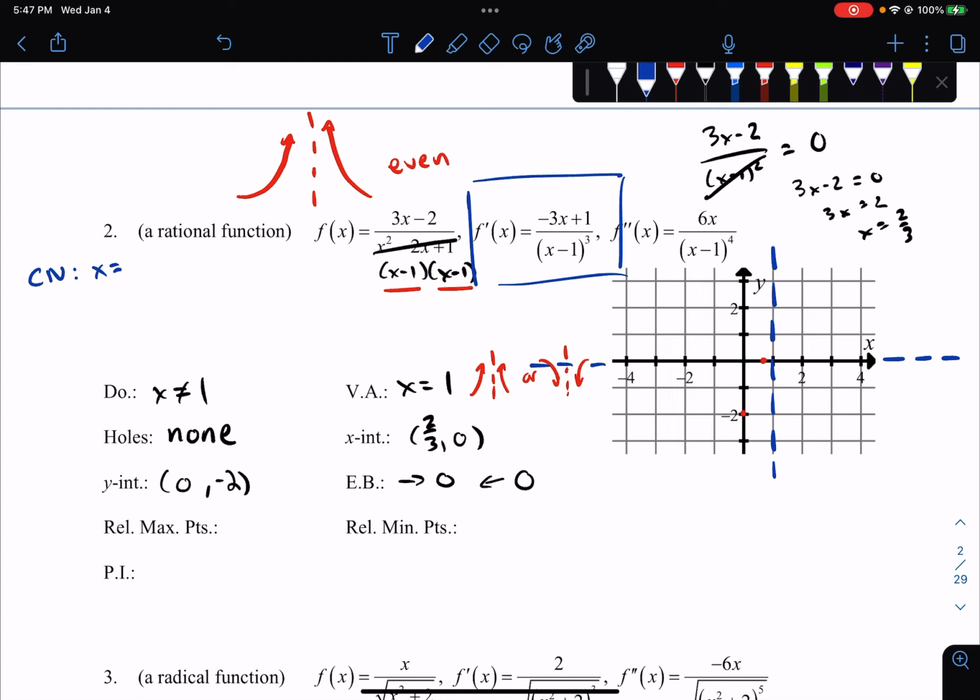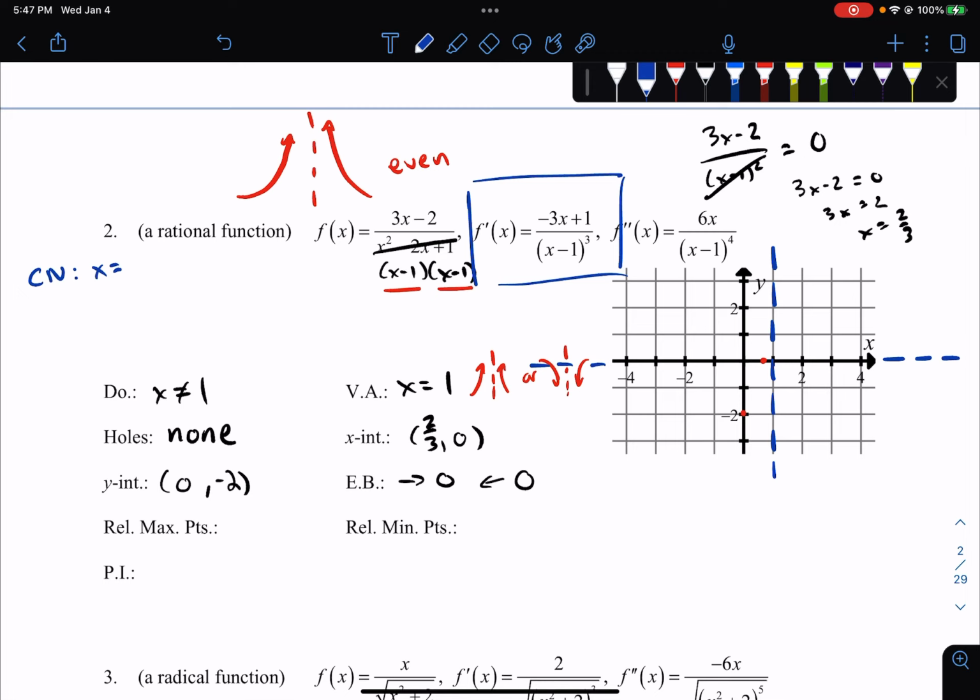The bottom, if I were to plug in x equals 1, that would give me an error, right? But I can't use 1. Remember how 1's not in my domain? So normally, one of your critical numbers could be 1, but we're not allowed to use 1, so I don't even have to consider 1.